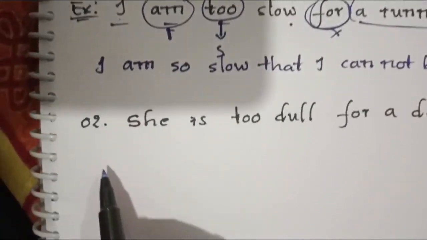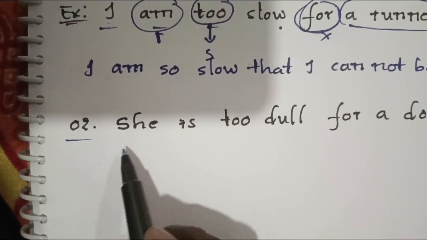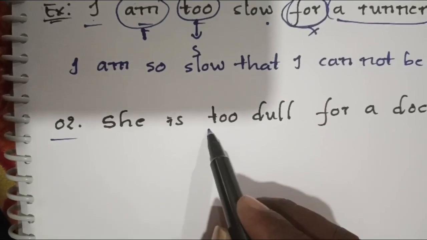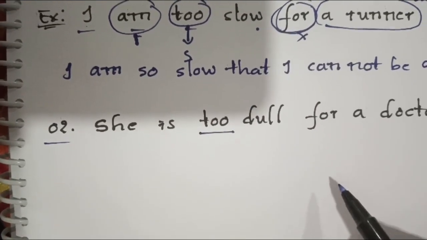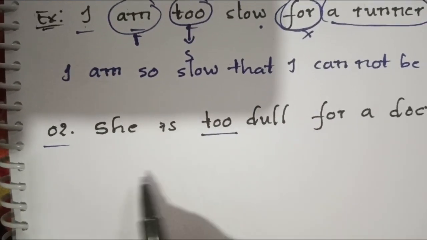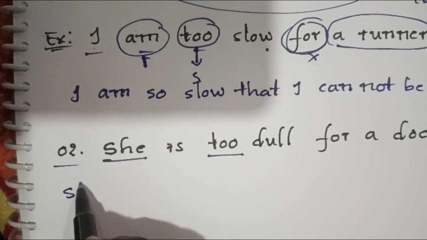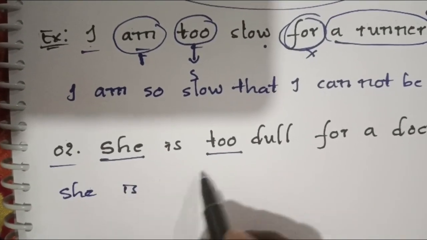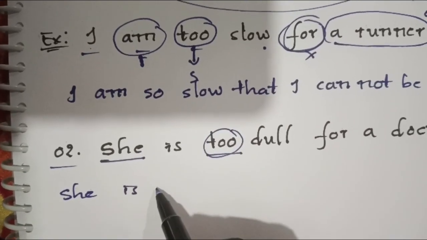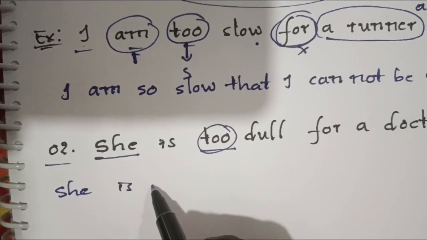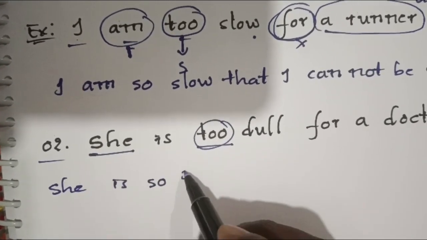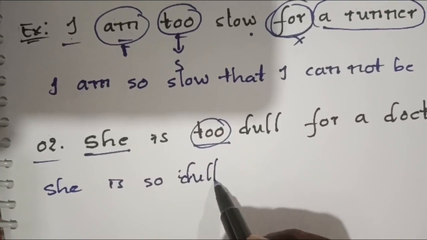So next, one more example: She is too dull for a doctor. The subject is she. So: She is, and in place of 'too' I am using 'so'. She is so dull.